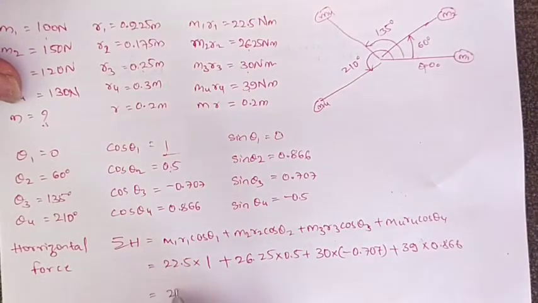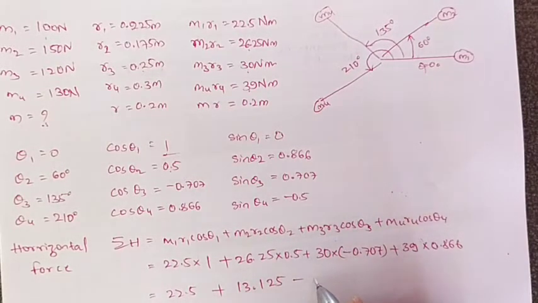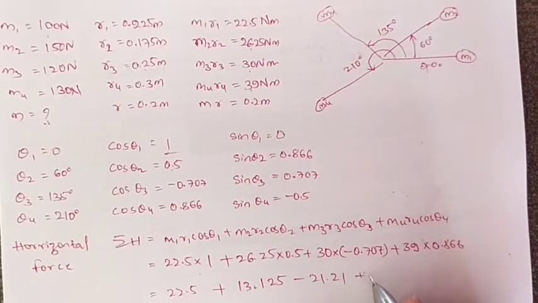So when you multiply, 22.5 into 1 will be 22.5, 26.25 into 0.5 will be 13.125, minus into plus will be minus, 0.707 into 30 will be 21.21, similarly plus 39 into 0.866 will be 31.2.